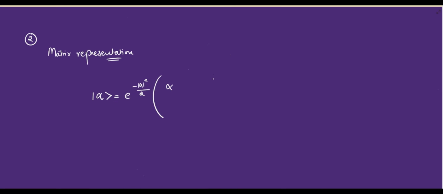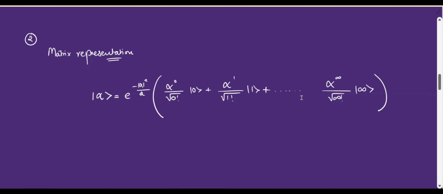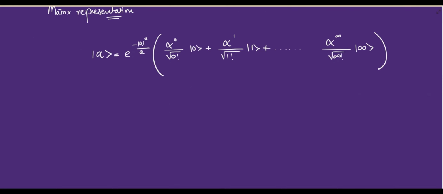So this is alpha raised to 0 by root of 0 factorial into |0⟩ plus alpha raised to 1 by root of 1 factorial into |1⟩ plus so on, alpha raised to infinity by root of infinity factorial. But we always have a cutoff dimension, I'm repeating it again and again.